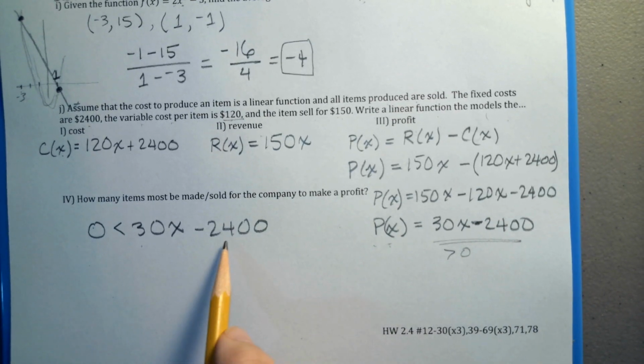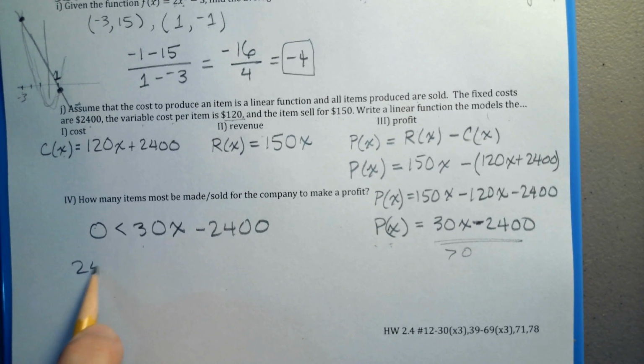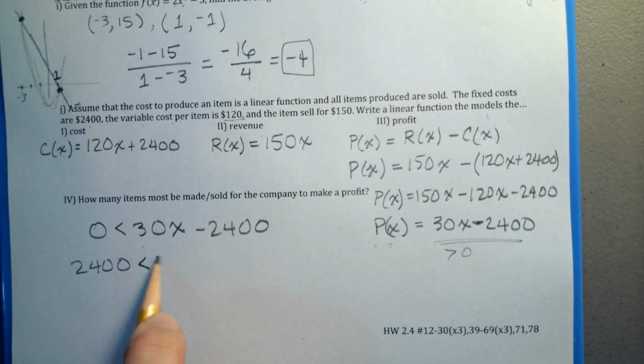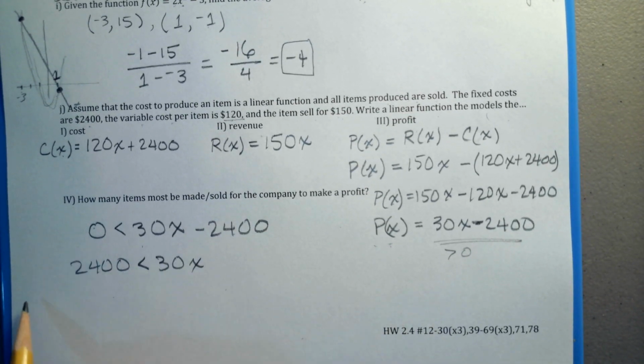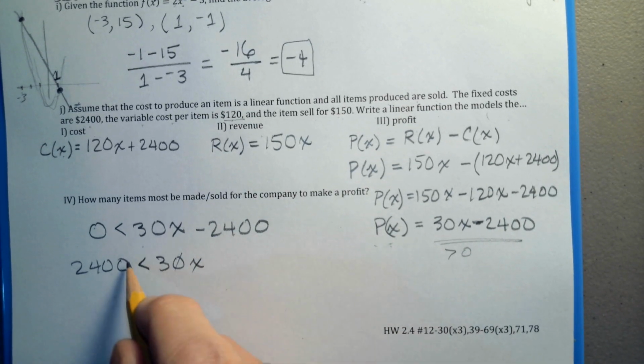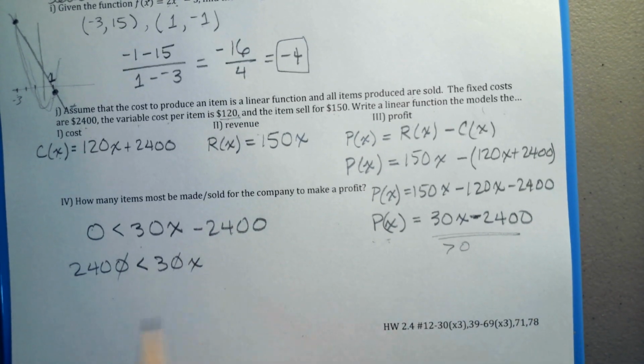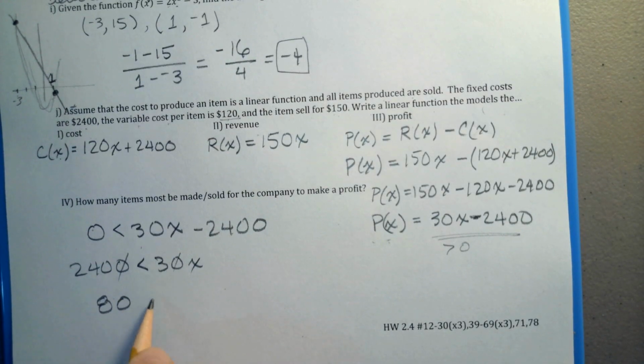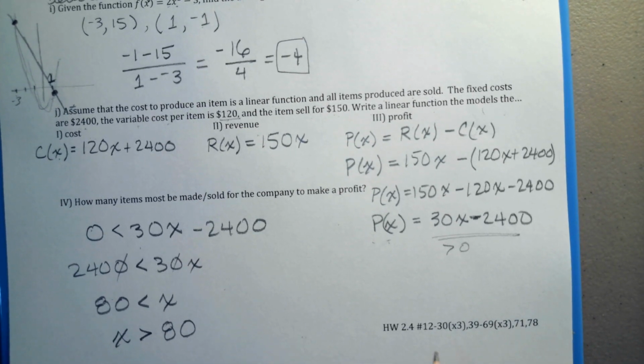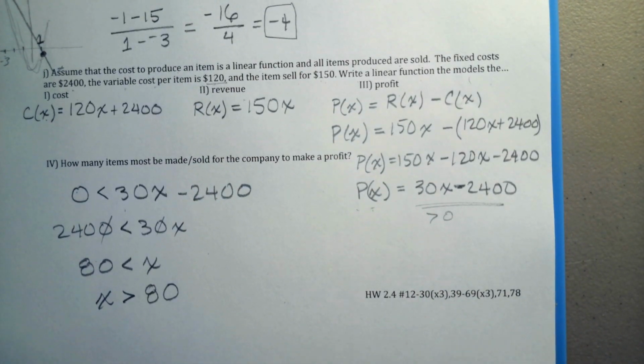All right, maybe move the 2,400 over. And then we'll divide by 30, divide by 10, get rid of the zeros, divide by 3. And so that looks like what? 80 is less than x, or x must be greater than 80 for it to be a profit, right?